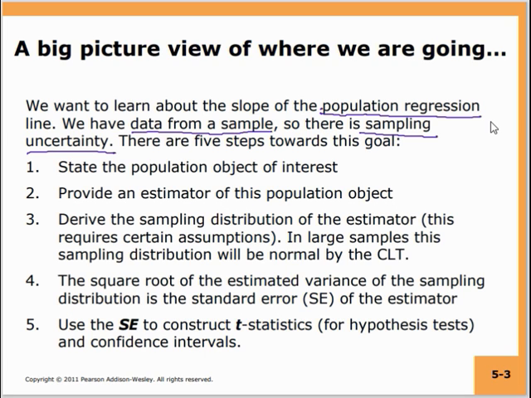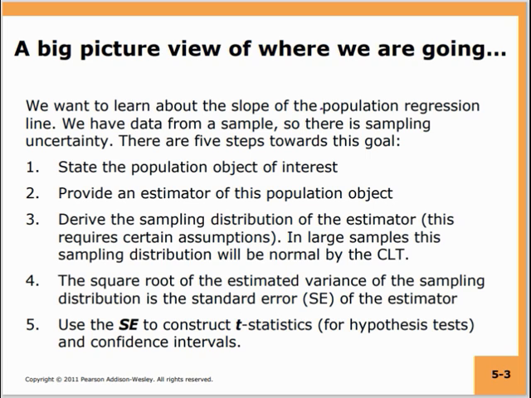The square root of the estimated variance of the sampling distribution is called the standard error of the estimator, and we will use the standard error to construct t-statistics and conduct hypothesis tests about the parameters that we estimate, and we will also arrive at confidence intervals. So, this is our outline of what we are basically trying to do.